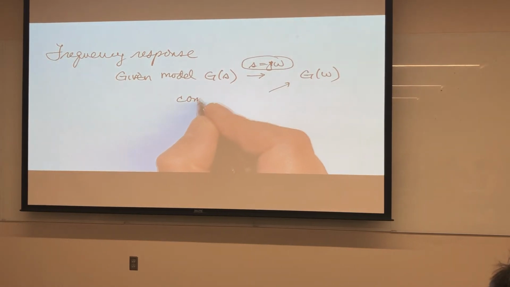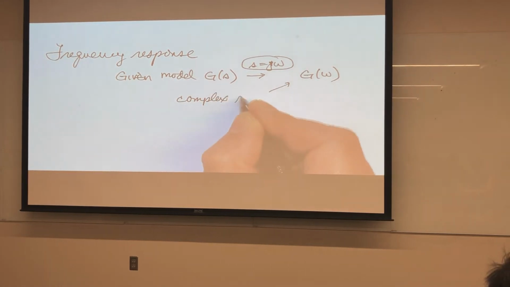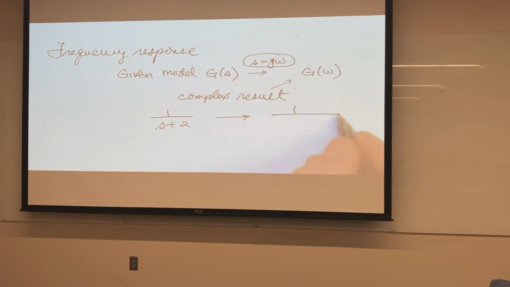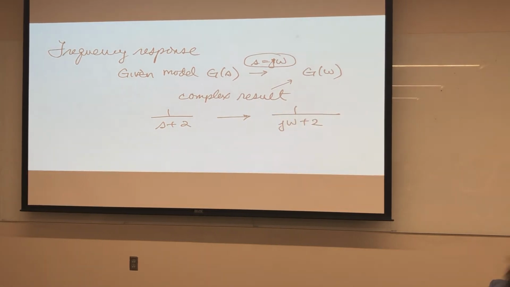It's a complex result because we have j's floating around in here. So for example, if I have 1 over s plus 2, then the frequency response is 1 over j omega plus 2. This is a complex number.